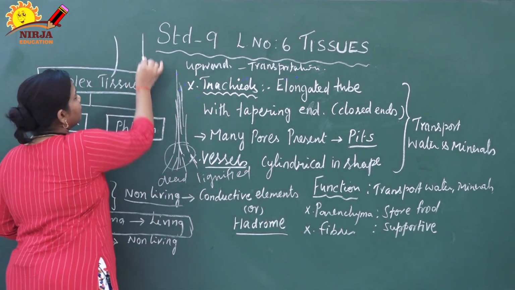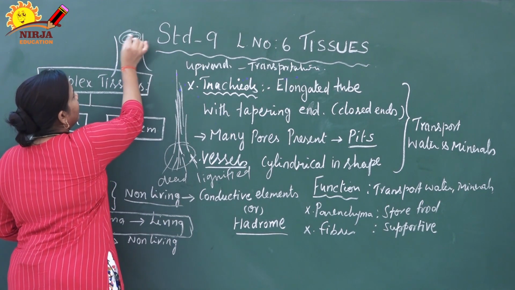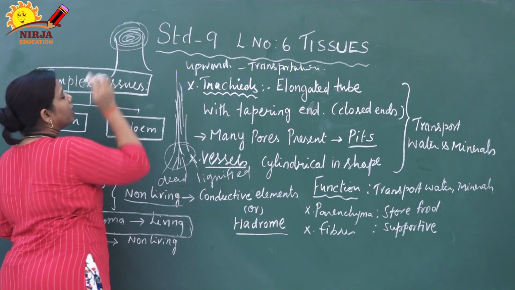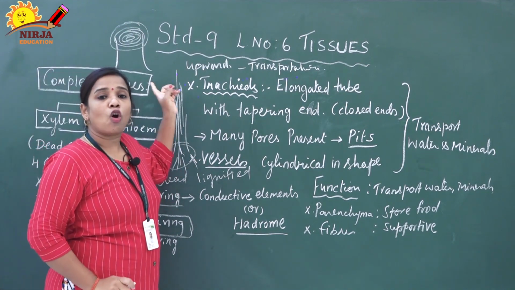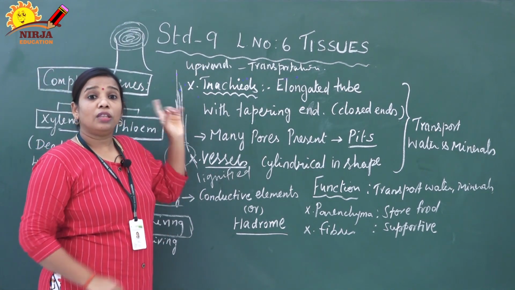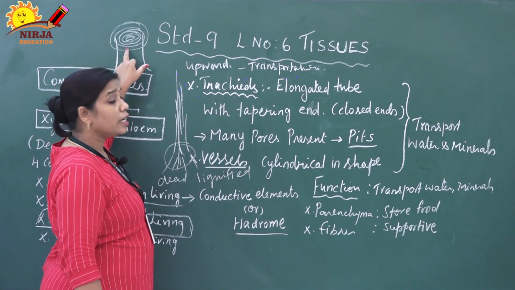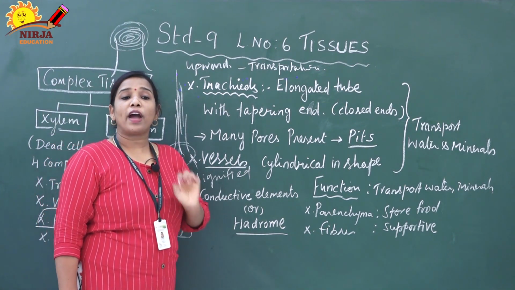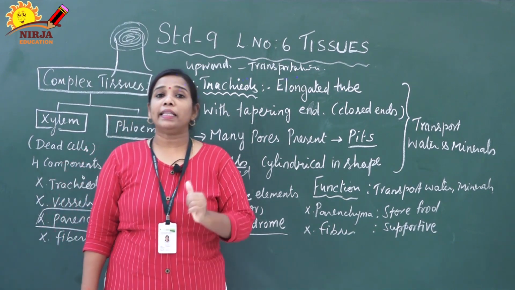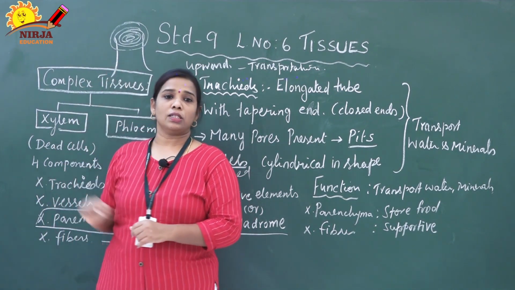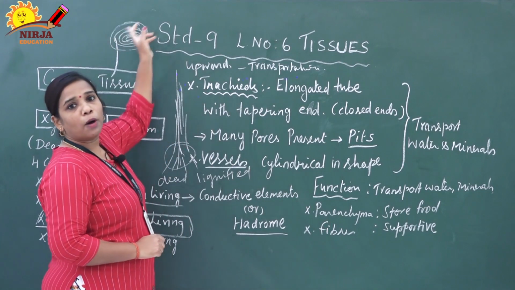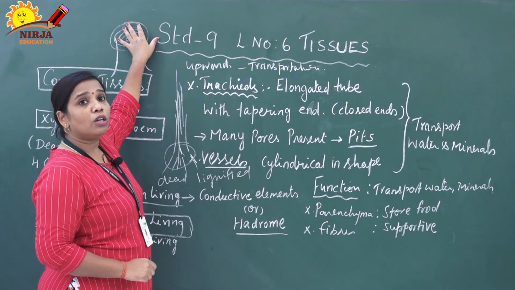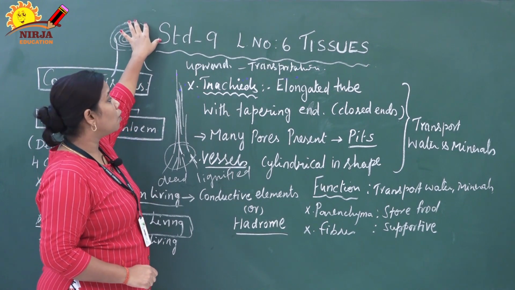Suppose a trunk is there; inside the trunk, annual rings are present. By the number of rings, we can find the age of the particular tree. The annual ring is made by the xylem only. So it helps to find the age of trees by the annual rings. This study is called dendrochronology.